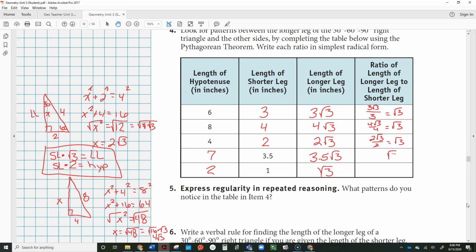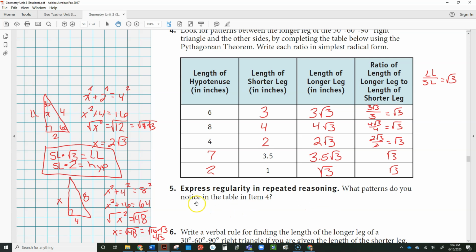So if you ever are trying to figure out one of the missing sides, if you have either the long leg or the short leg, you can use this ratio. Long leg over the short leg equals the square root of 3.